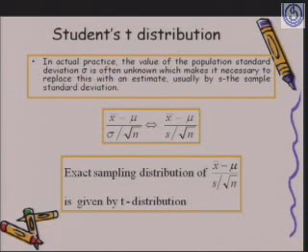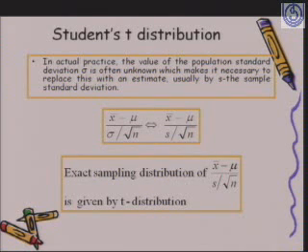Now let us go on to another important statistic, and you must have read the t-test, and let us see what is in the genesis of the t-test. In actual practice, the value of the population standard deviation sigma is often unknown, which makes it necessary to replace it with an estimate.